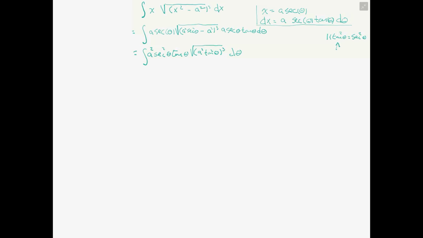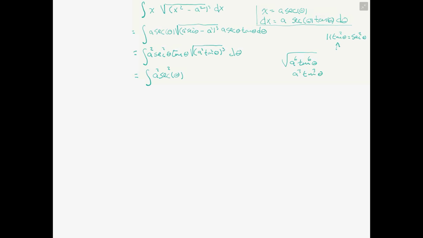So let's bring one more step, and we have a squared secant squared theta. Now that's tangent to the 6th. So we have a to the 6th, tangent to the 6th theta, but that's on a square root, so that's a third, tangent third, when you take the square root.